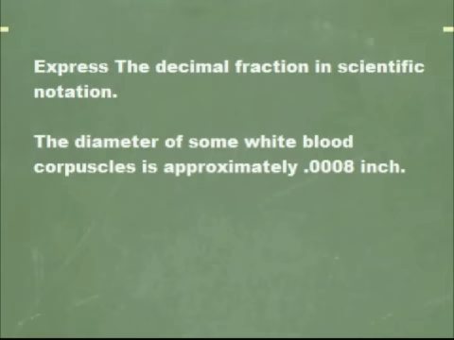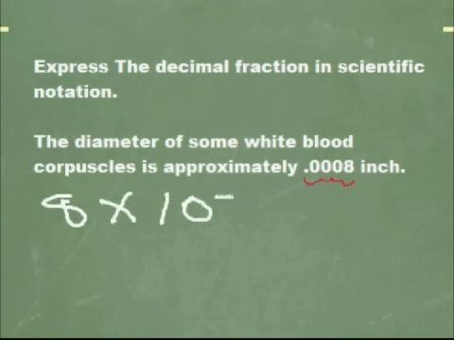Click pause now to see if you can write this number in scientific notation. Personally, I don't think either one of these numbers is expressed in a way that would sell anybody.